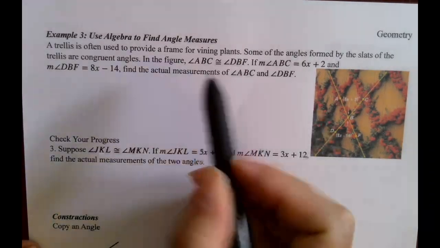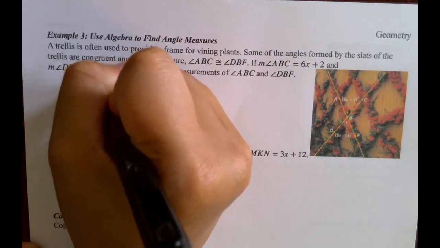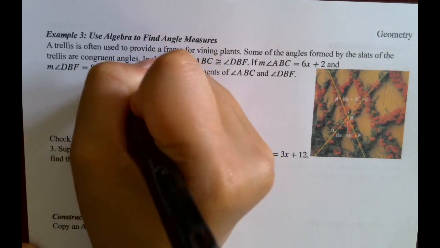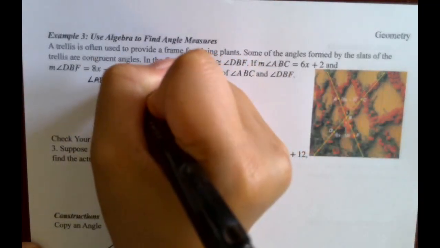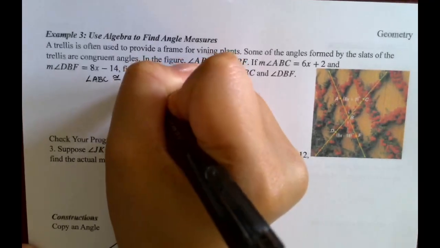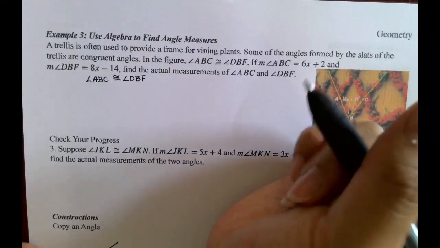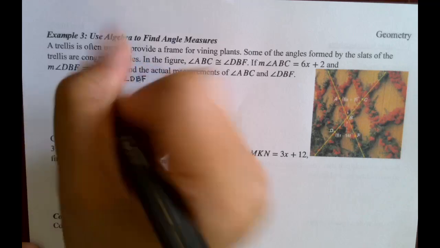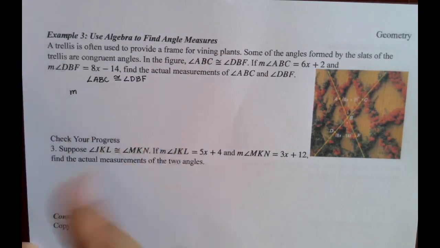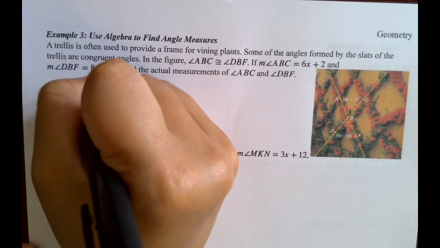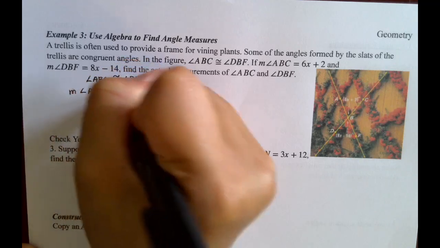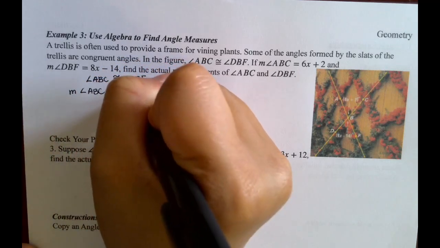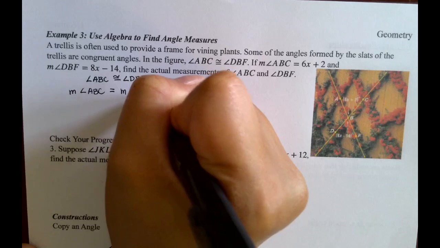So based on the information, we know that angle ABC is congruent to angle DBF. If they are congruent, that means the measure, so this little m in front of the angle stands for measure, the measure of angle ABC should be equal to the measure of angle DBF.